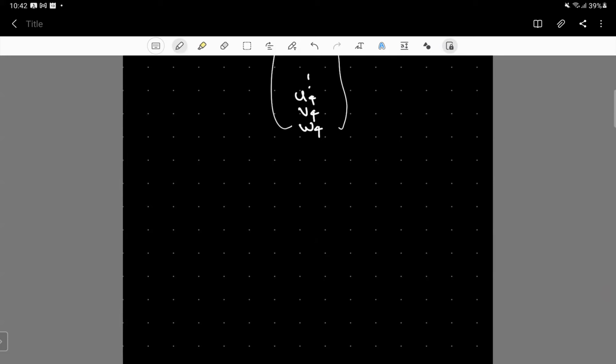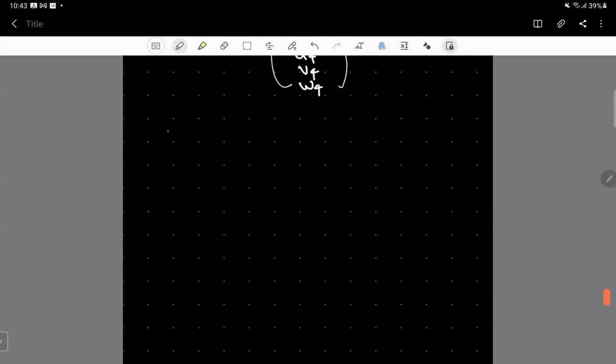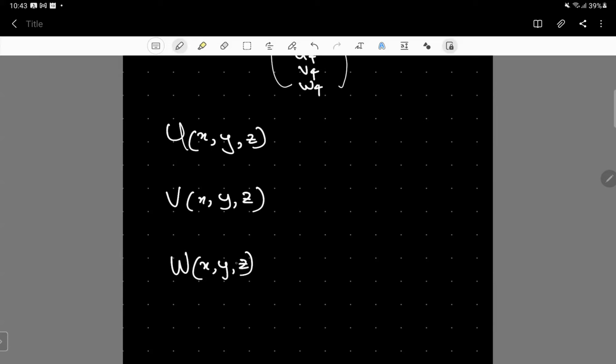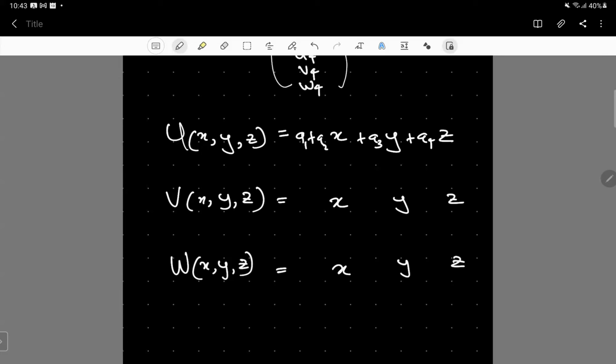Since we have 12 degrees of freedom, we have to use a function which will have, of course, 12 unknowns, which we would have to calculate before we proceed. The displacement function has to be described using the global coordinate system, that is X, Y, and Z. Here it's the same, X, Y, and Z. Here we assume certain constants, of course, A1, A2, A3, and A4.